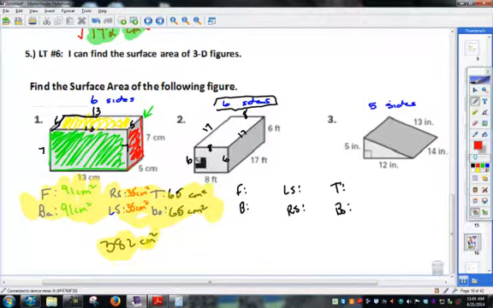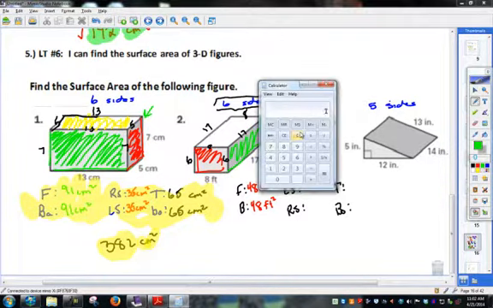So the front here, I'll highlight it in red. I'm going to do base times height. 8 times 6 I know is 48 feet squared. I know that my back is also going to be the same, 48 feet squared. Okay. I know that the right side, highlight it in green, is going to be 17 by 6. So maybe you need to calculate that.